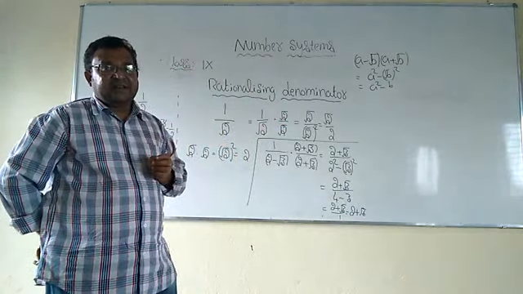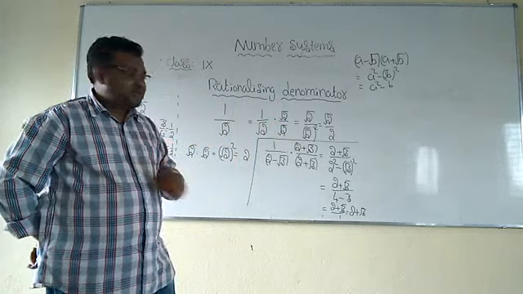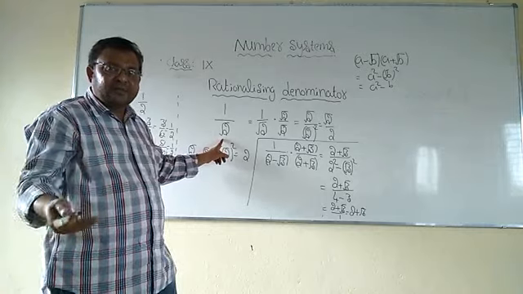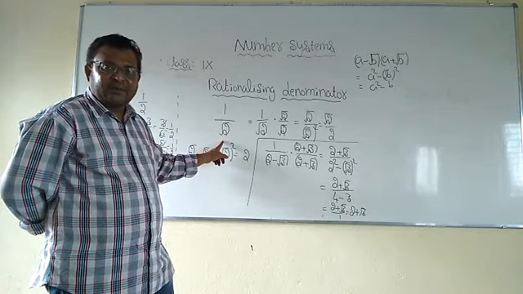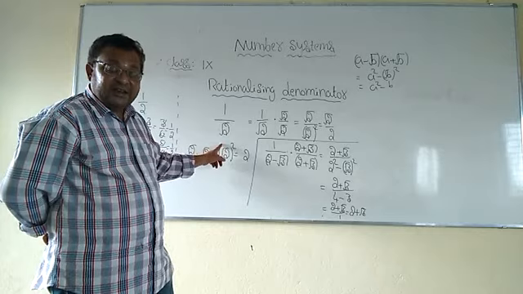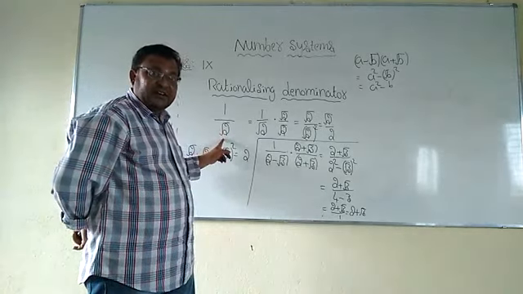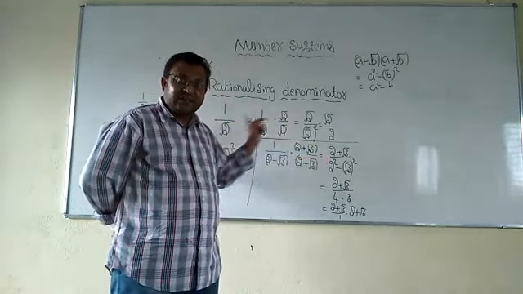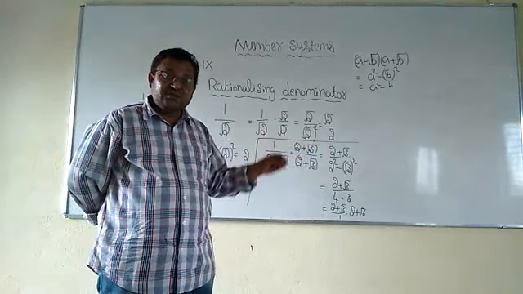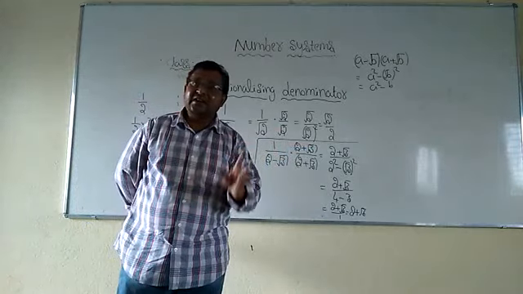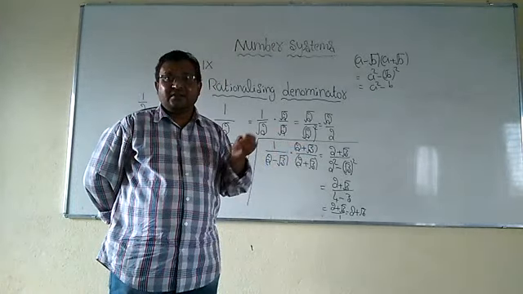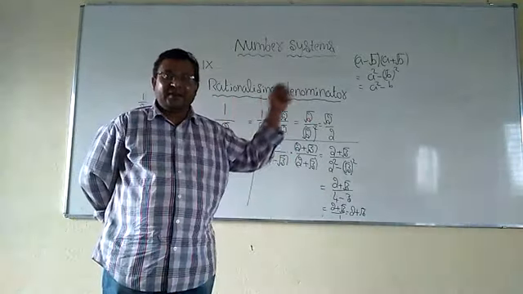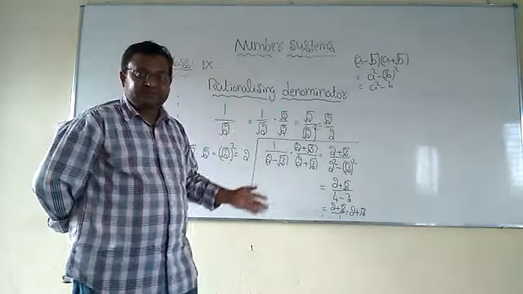In the denominator of an expression, if we got an irrational number, one term or more terms, then writing that expression as an equivalent to the given expression whose denominator is a rational number, the process is called rationalizing the denominator.